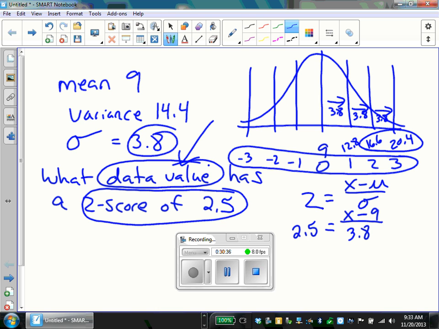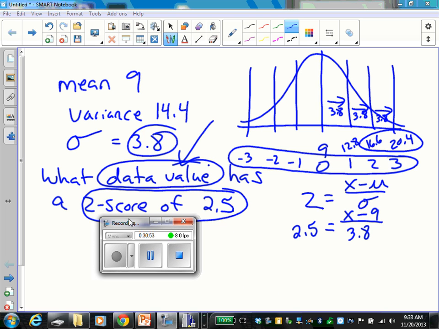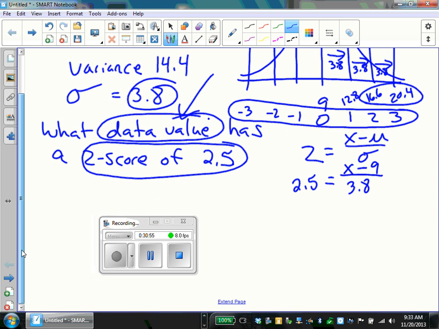So, you have to go back and know how to solve an equation, which we should know how to do. What's our first step? Parentheses? No. Fractions? Do we have fractions? Yes, we do. How do we get rid of our fractions? Multiply by the denominator.